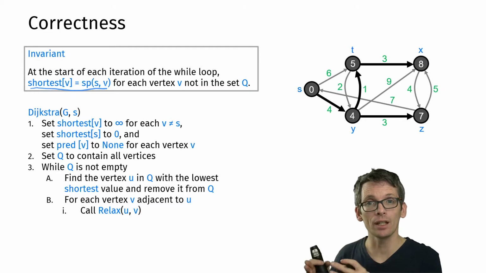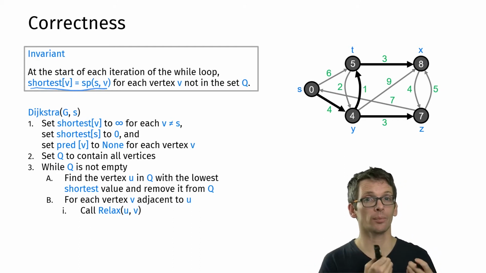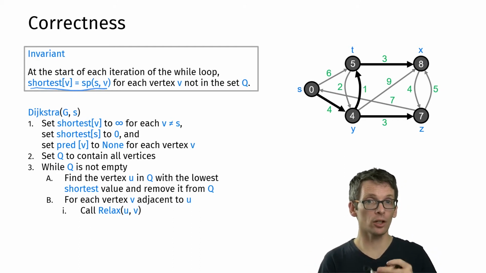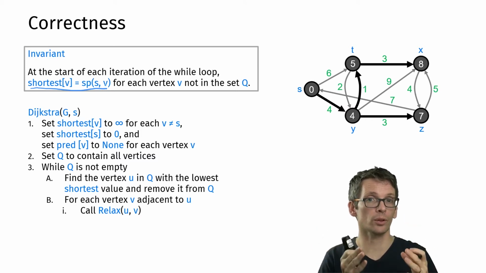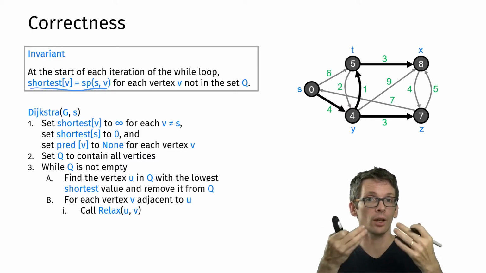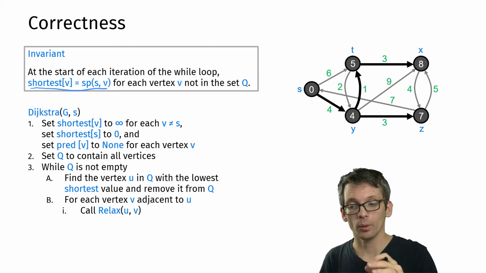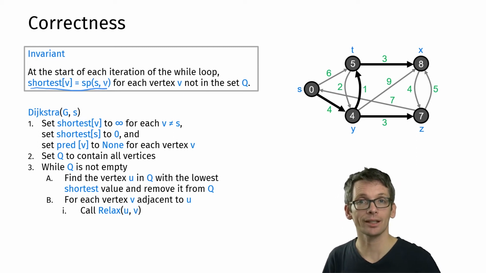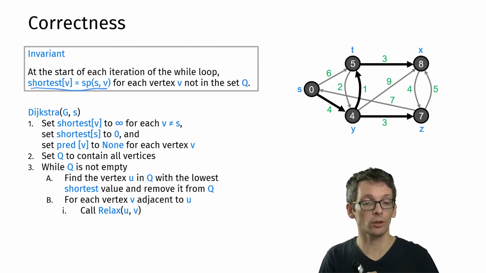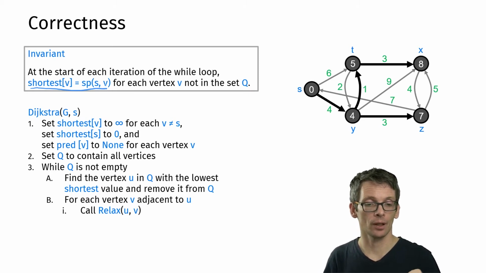So shortest V corresponds to the actual shortest path distance. Initially this is not true for most of the vertices because infinity is just an upper bound. But as soon as a vertex has turned black, so it's outside of the Q, then we have those distances correctly.